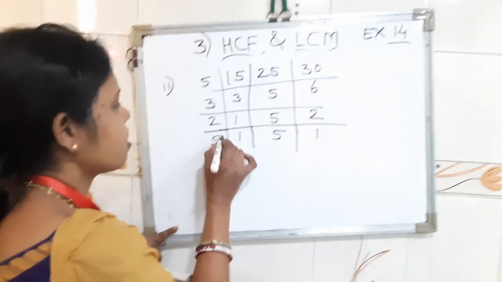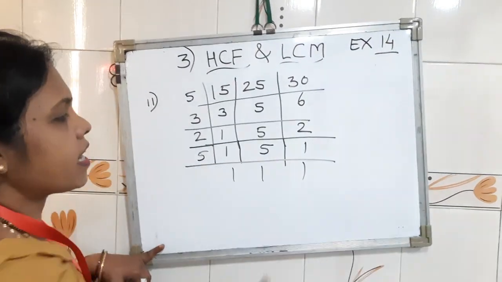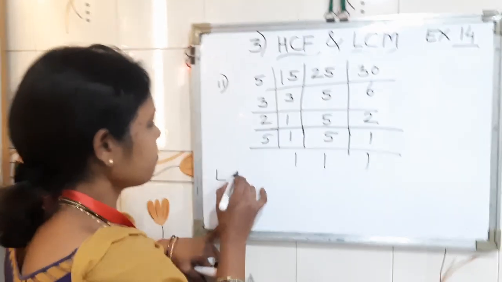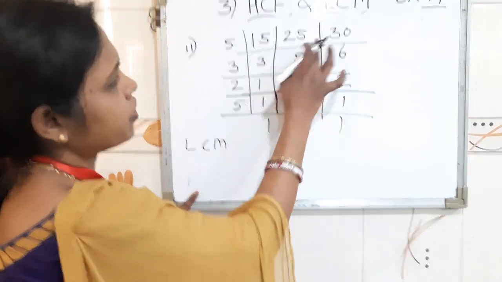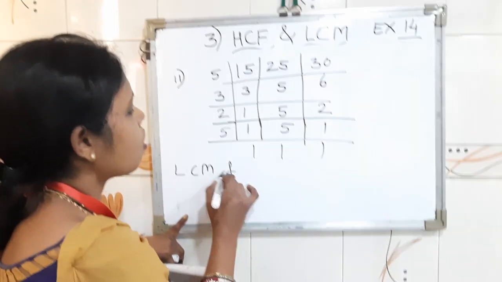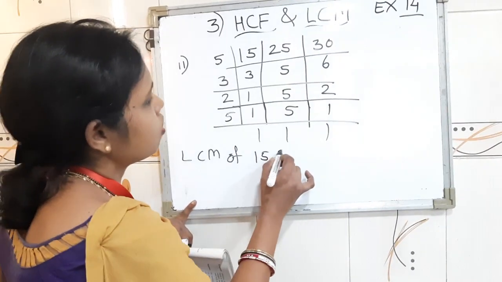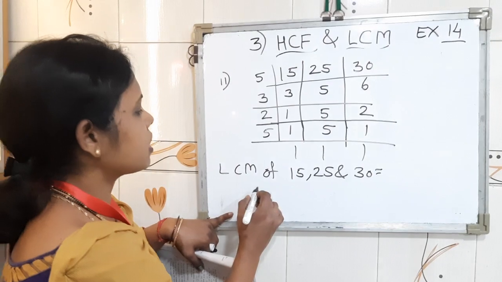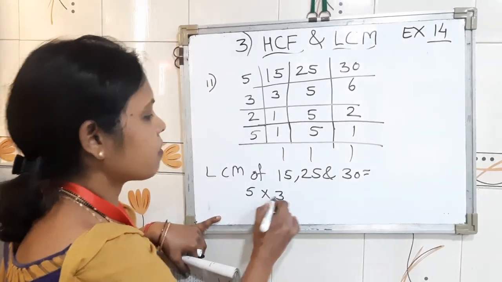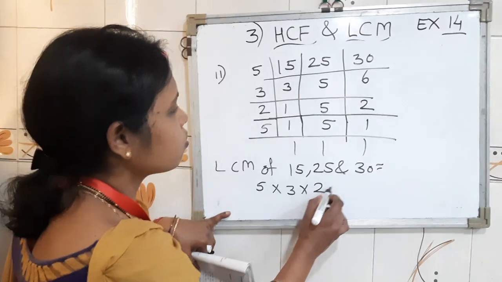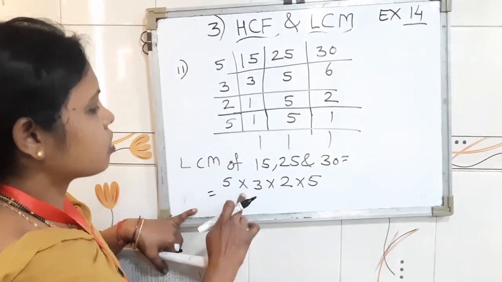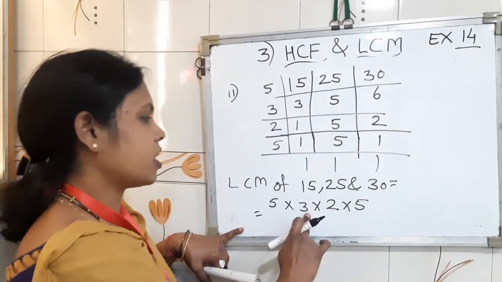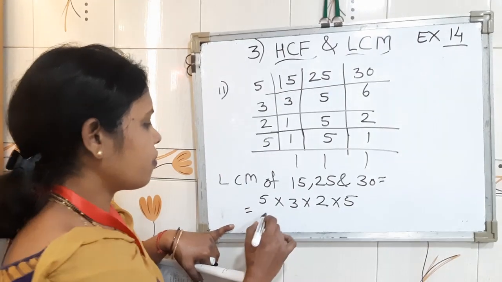Next number 5. Write 5 down and you will get 1 1 1 for all three numbers. And now your LCM. LCM of 15, 25 and 30 equals the product of all these factors, 5 into 3 into 2 into 5. So children, 5 twos are 10, 10 threes are 30, 30 into 5 is 150.